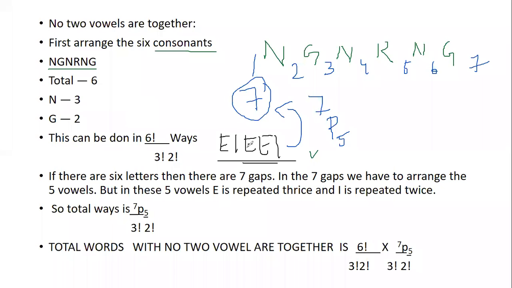Now, since it is permutation of like things, I should always divide by the repetitive terms. Repetitive in the vowels are E and I. E is repeated how many times? 3 times, so 3 factorial.